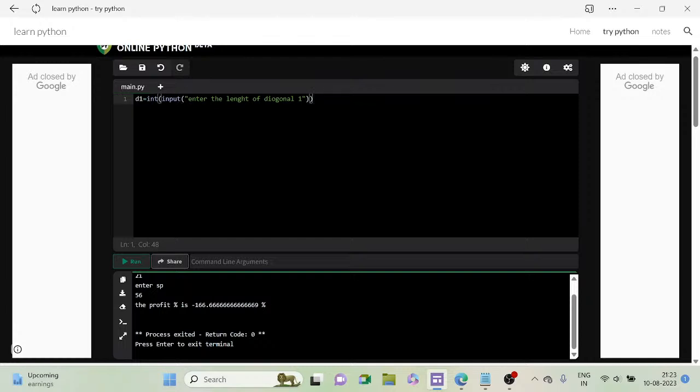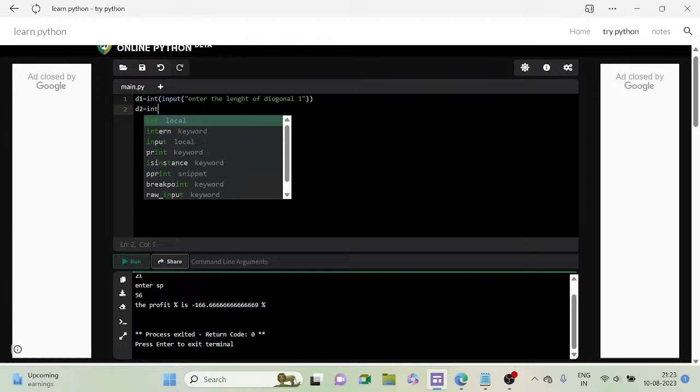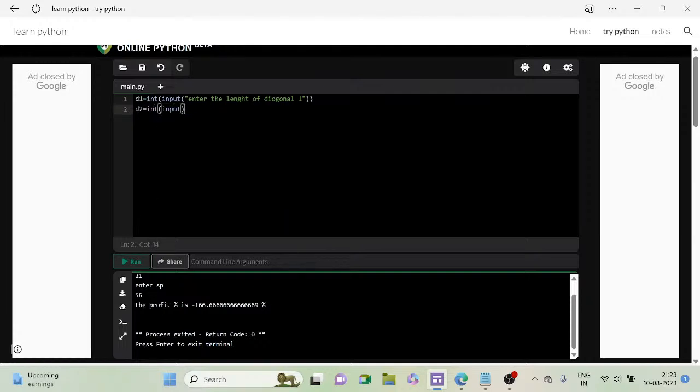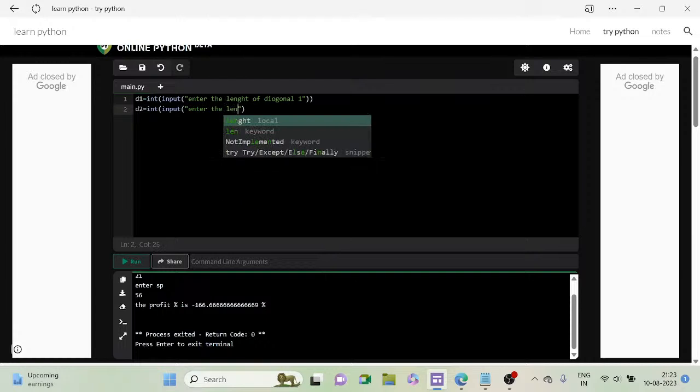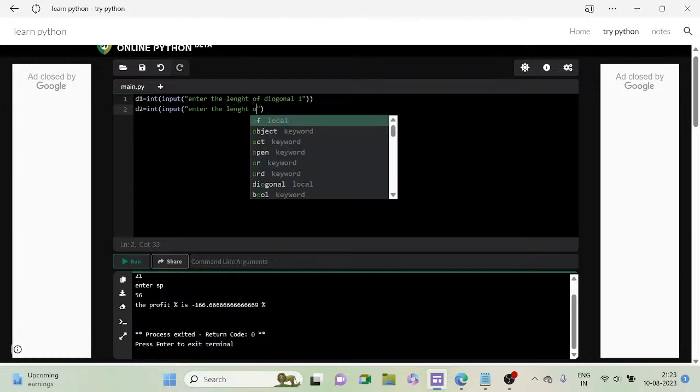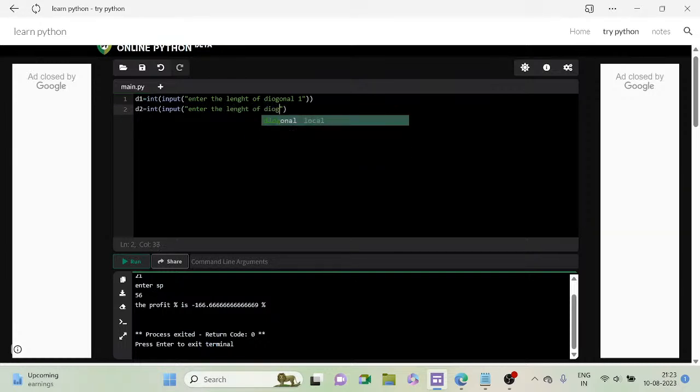Then the next line d2 equal to int input, enter the length of diagonal 2.